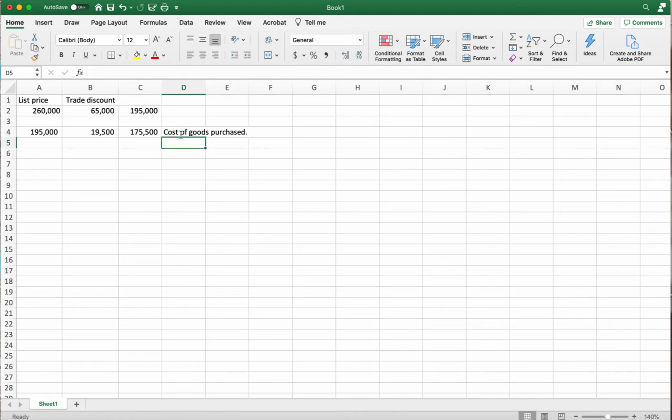Basically what companies do is put out, for lack of a better term, a catalog: here's all the products that we offer, and here's how much we're going to charge you for them. In this example, a merchandiser looked through the catalog and said, I want to order all this merchandise so I can turn around and resell it.